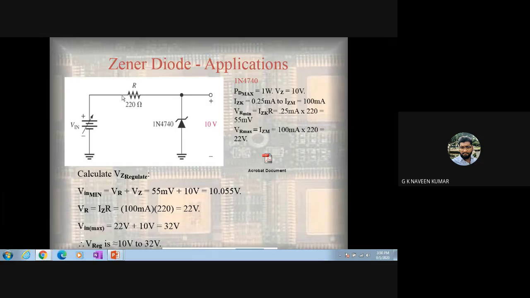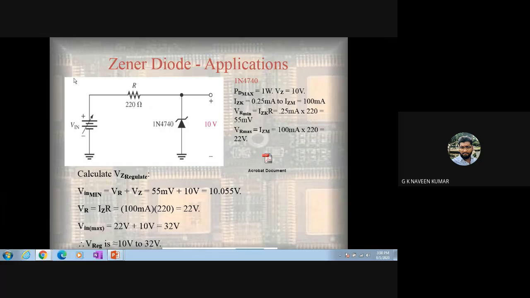Based on this, we will calculate the voltage drop across the 220 ohm resistor. What is the minimum voltage drop, and what is the maximum? For the minimum voltage drop, I times R is the voltage drop, where I is the same Zener current. The drop across the resistor is found by multiplying the resistor value with the minimum Zener current.